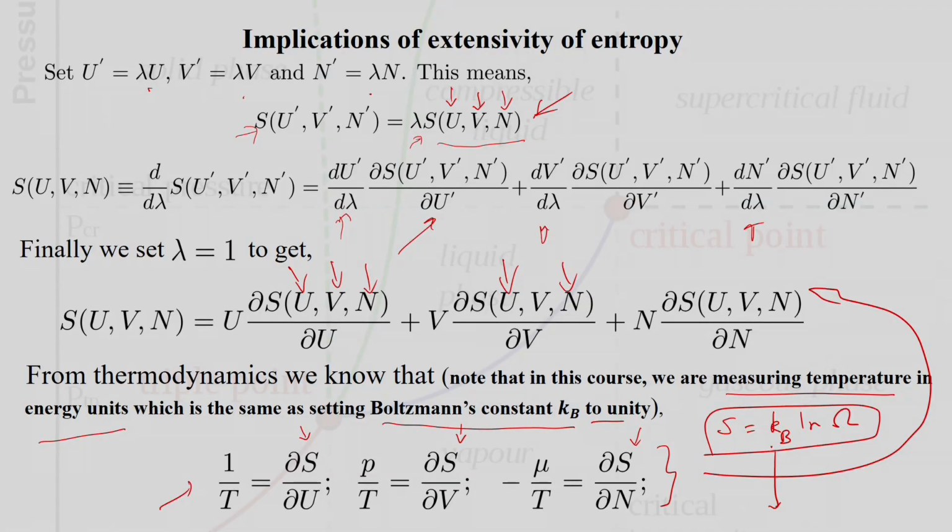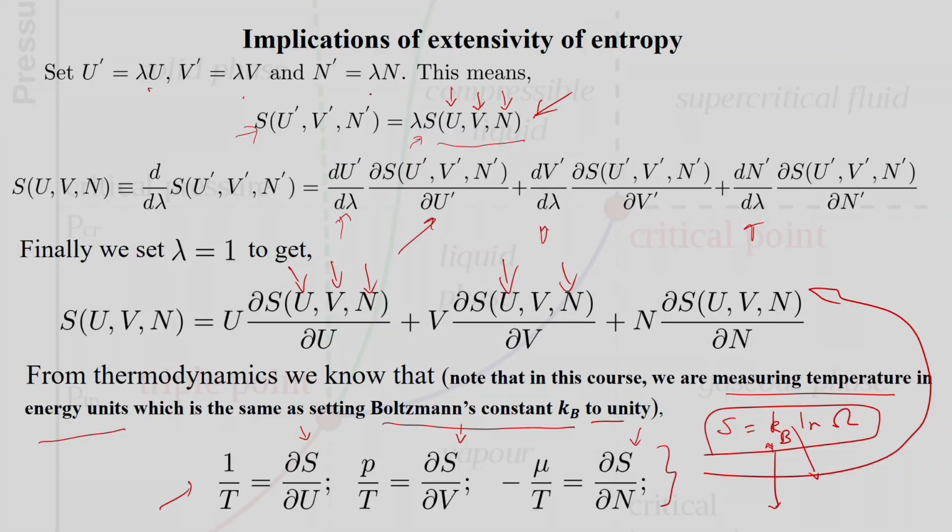And of course, it would be ridiculous if this k_B was set equal to 1 on his tombstone, in which case you would not be paying a tribute to him at all by setting his famous constant to 1. So it is a good thing they did not do that on his tombstone, but I am going to do this in this course. I am going to set k_B to 1 because it is annoying. I would much rather measure temperature in energy units and get rid of this altogether.